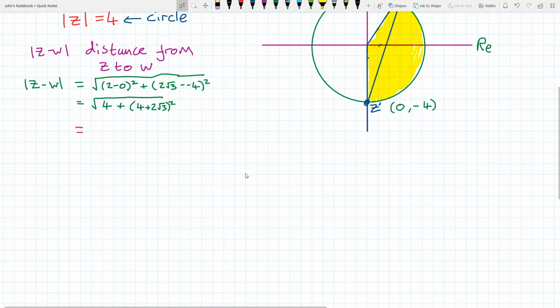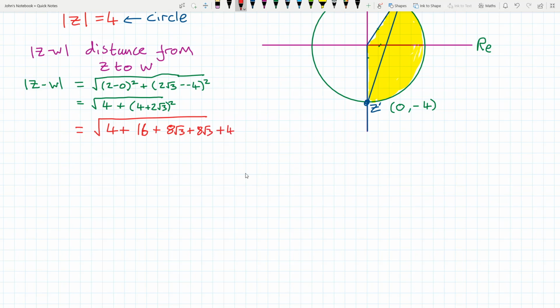Okay, so what have we got? Square root of 4 plus 16. This is when, if I was teaching, I'd be making all kinds of mistakes, and I'd have all you lot to check this with me. Plus 4 times 8 root 3 plus 8 root 3 plus 4 times 3.